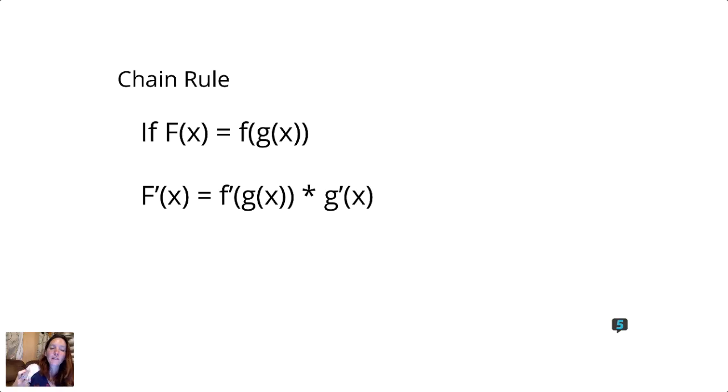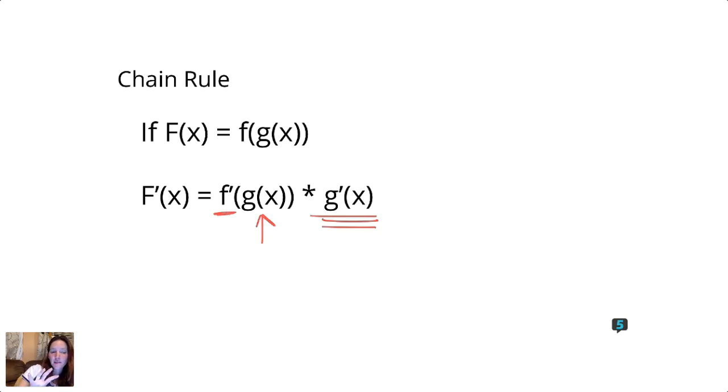When I take the derivative of that, you're going to take the derivative of the outside function, so f prime. You're going to copy the inside function. So the inside function stays the same for that part. Whatever it was in the original function, it's going to stay that in the derivative. But then the new part is you have to multiply by the derivative of the inside function. That's what we call the chain rule.